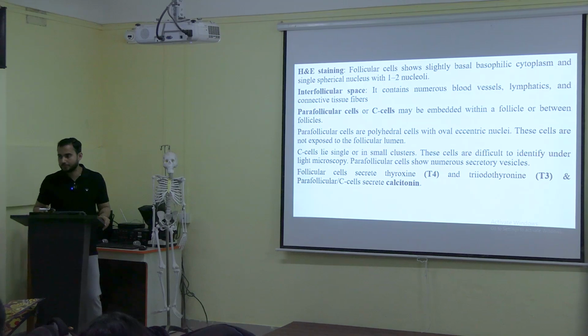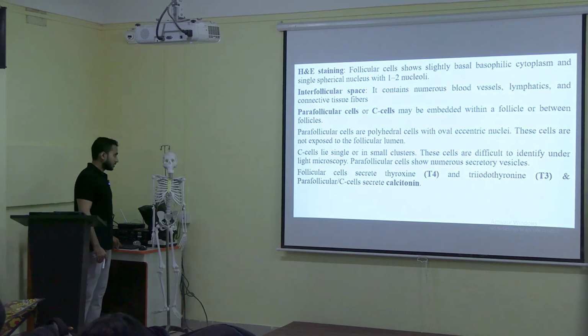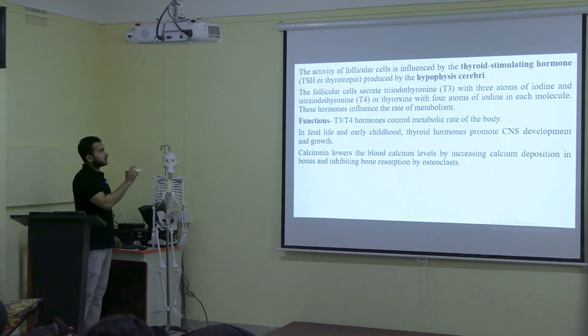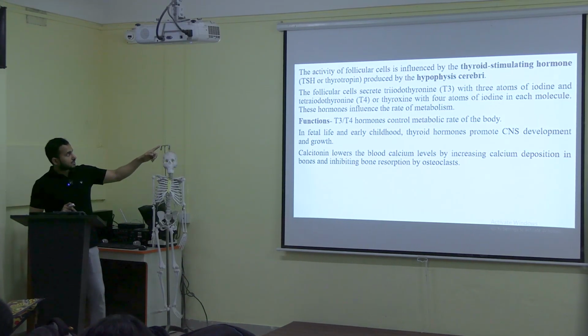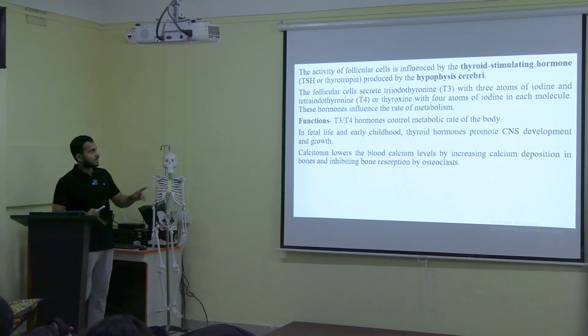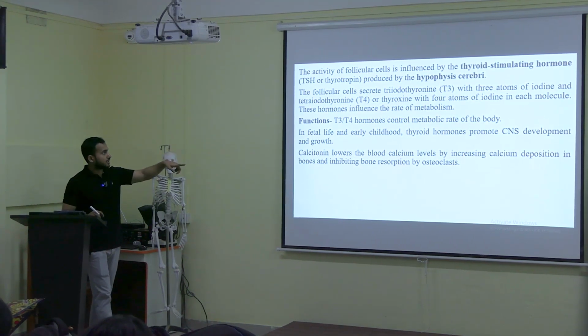Like this we can easily differentiate. Next, what is the function? The follicular cells secrete the hormones T3 and T4, as I have mentioned earlier. That is thyroxine, this T3, and what about the T4?